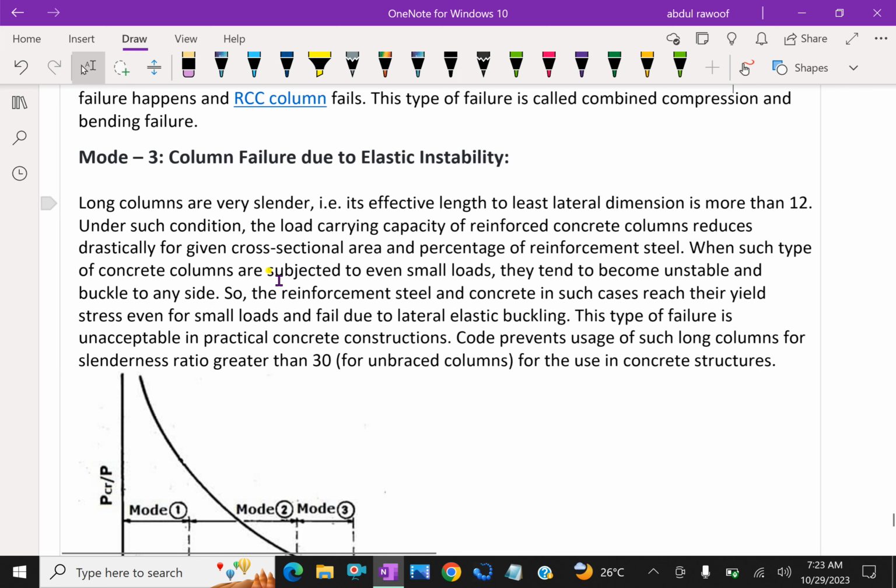When such concrete columns are subjected to even small loads, they tend to become unstable and buckle to any side. So the reinforcement steel and concrete reach their yield stress even for small loads and fail due to lateral elastic buckling. This type of failure is unacceptable in practical concrete construction. The code prevents the use of such long columns with slenderness ratio greater than 30.